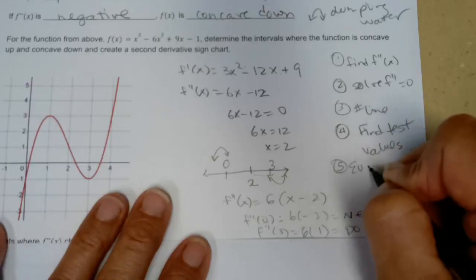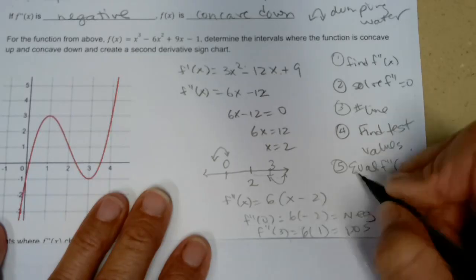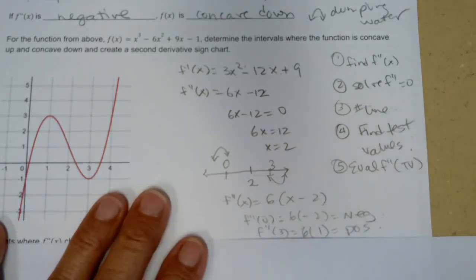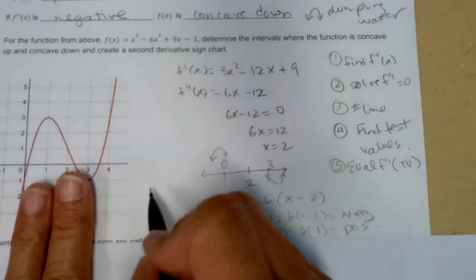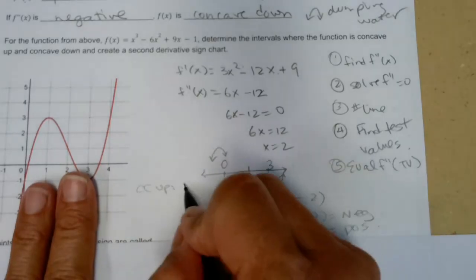So then we write, evaluate step 5, evaluate f double prime at those test values. And we just want to know if it's positive or negative. And there is our sign chart. So where is it concave up? So concave up from 2 to infinity.